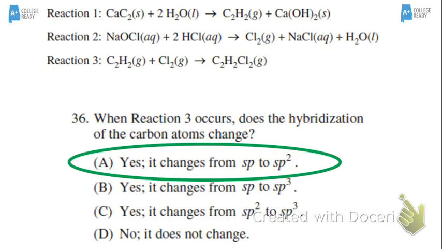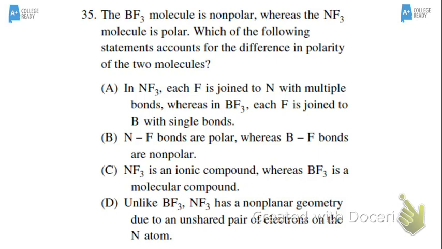So there are going to be hybridization questions on there. The BF3 molecule is nonpolar, whereas the NF3 molecule is polar. Which of the following statements explains the difference in polarity of the 2 molecules? So go ahead and pause the video and then we'll talk about it. Alright, before I even look at this, it told me the BF3 molecule is nonpolar.